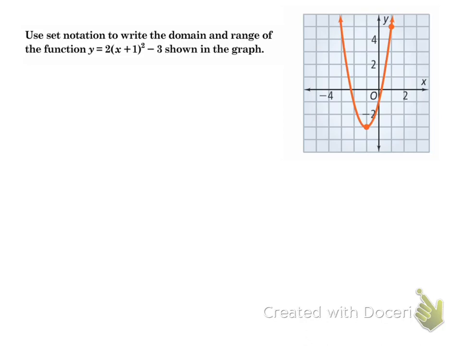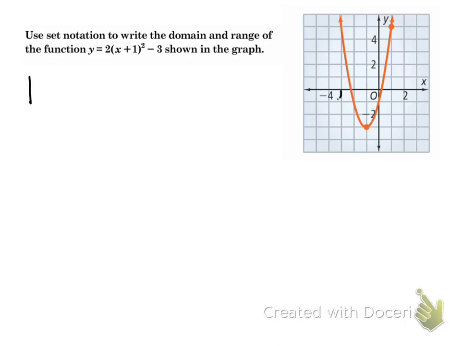First, doing set builder notation for this graph. Looking at the domain, that means I need to look at my x values. I know this graph only shows x values being used that go from -3 through +1. But if I was to draw that graph out further, you would see that eventually every x would be used.